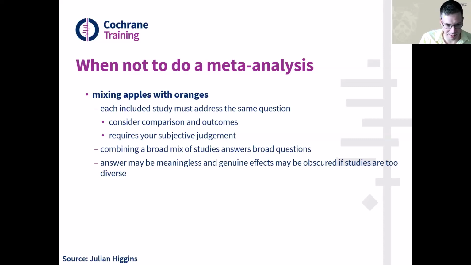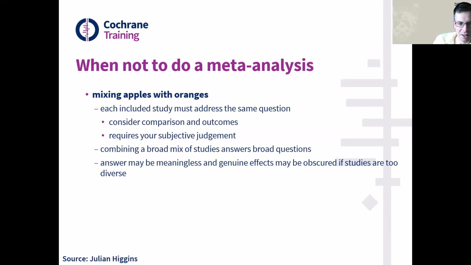It just took everything together, and it was criticized for doing that. But the reason was, of course, to look at the broad question of whether psychotherapy is useful at all. Does psychotherapy even work? You have to start with that big, broad question to get down into the deeper questions later on. So sometimes it makes sense to put lots of things together to answer a big, broad question.